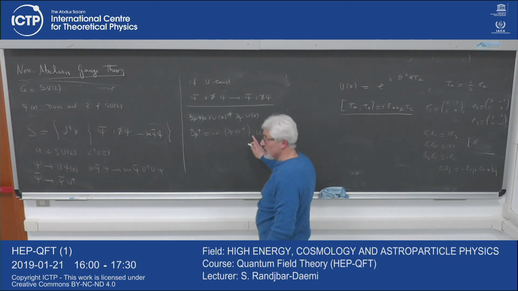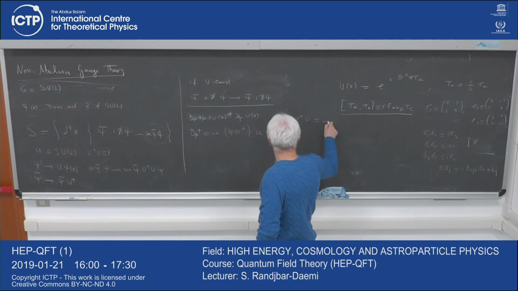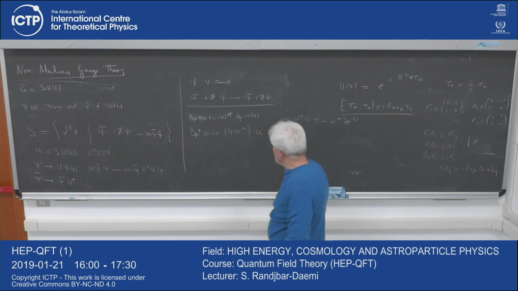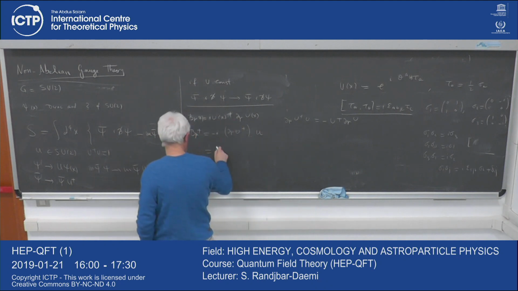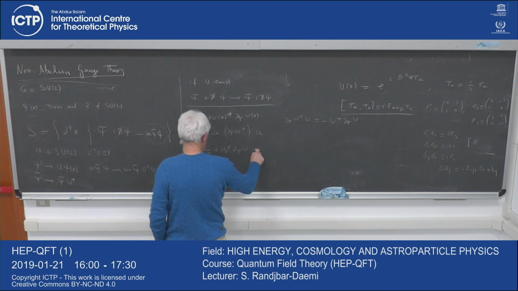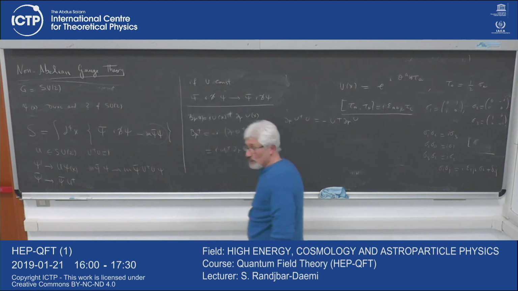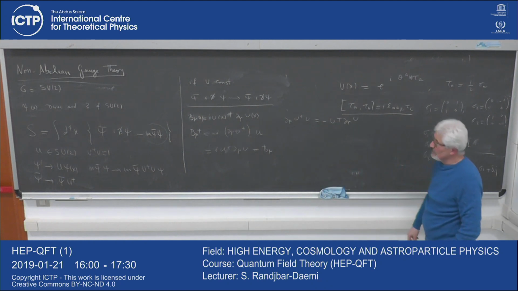So you can move this over and change the sign: d mu U dagger U equals minus U dagger d mu U. Therefore this is the same as i U dagger d mu U. That means this B is Hermitian, a 2 by 2 Hermitian matrix.